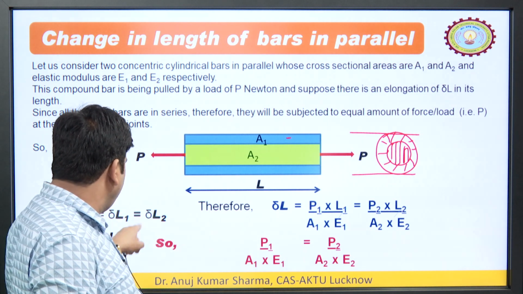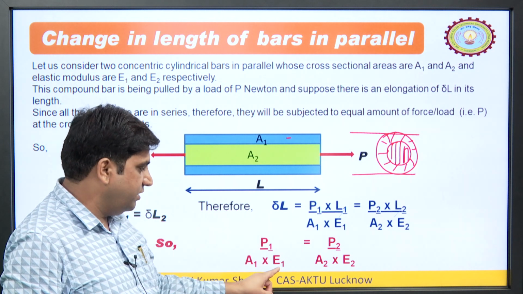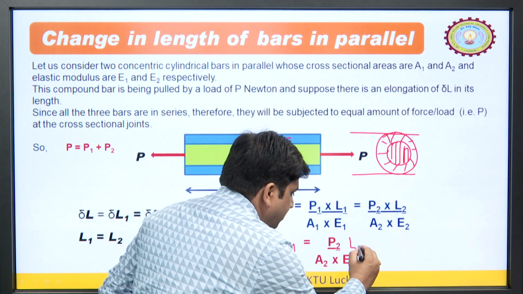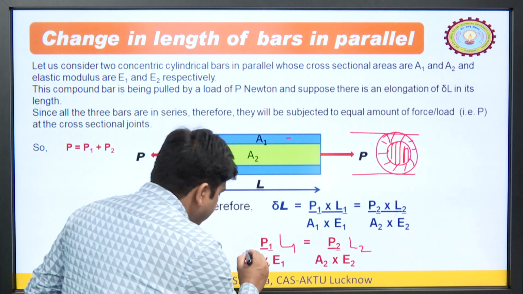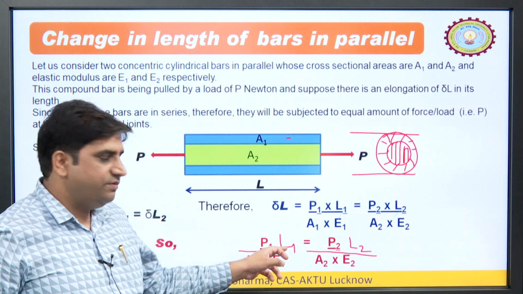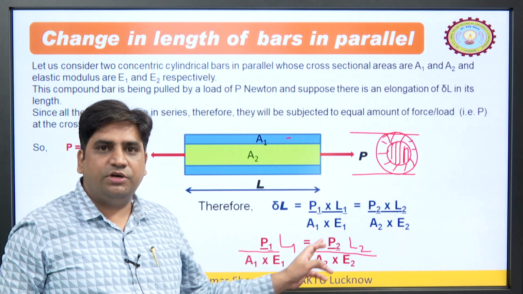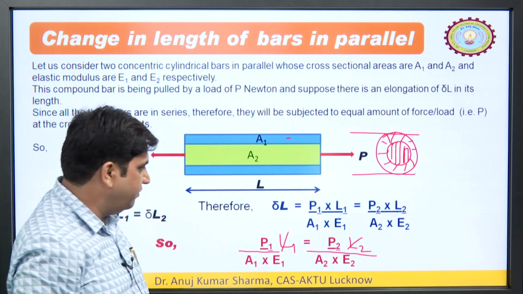So, we know the formula for delta L 1. That delta L 1 is P 1 L 1 upon A 1 E 1, and similarly for delta L 2 it is P 2 L 2 upon A 2 E 2. But as we know that the lengths are the same, L 1 is equal to L 2, so we can cancel these out.